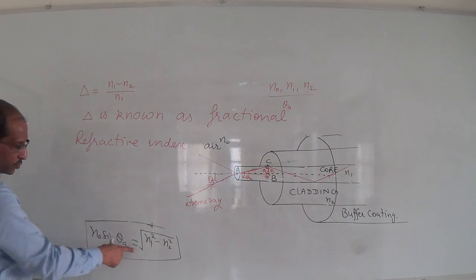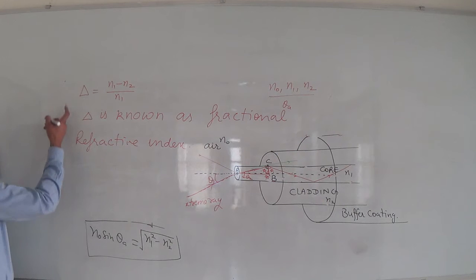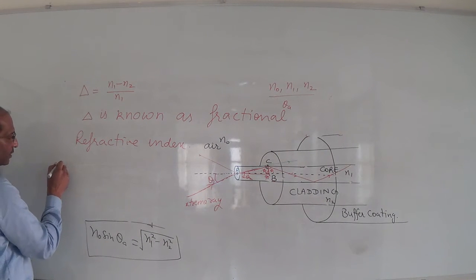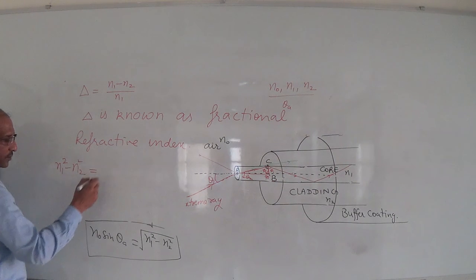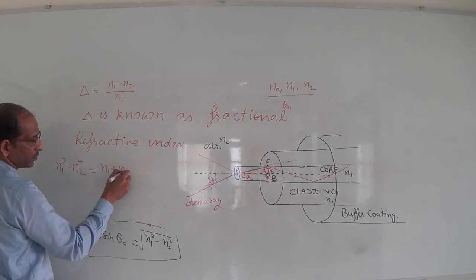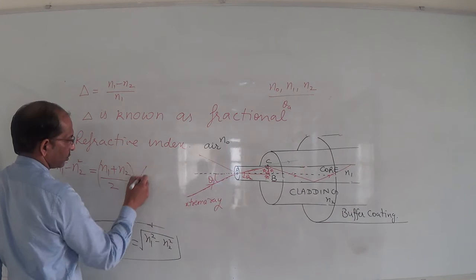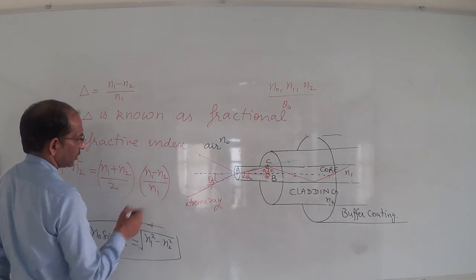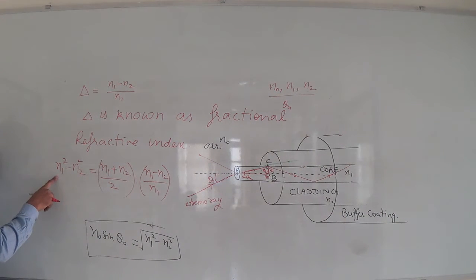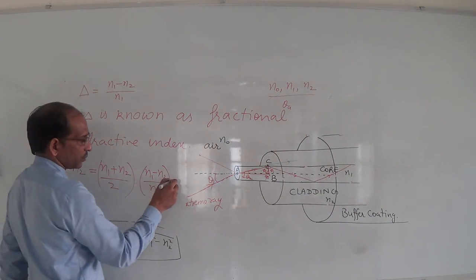By using this, we can find the result for n1 square minus n2 square. So n1 square minus n2 square can be written as n1 plus n2 divided by 2 into n1 minus n2 divided by n1. What I did here, I just broke up this difference of squares and multiplied by 2n1 and divided by 2n1.